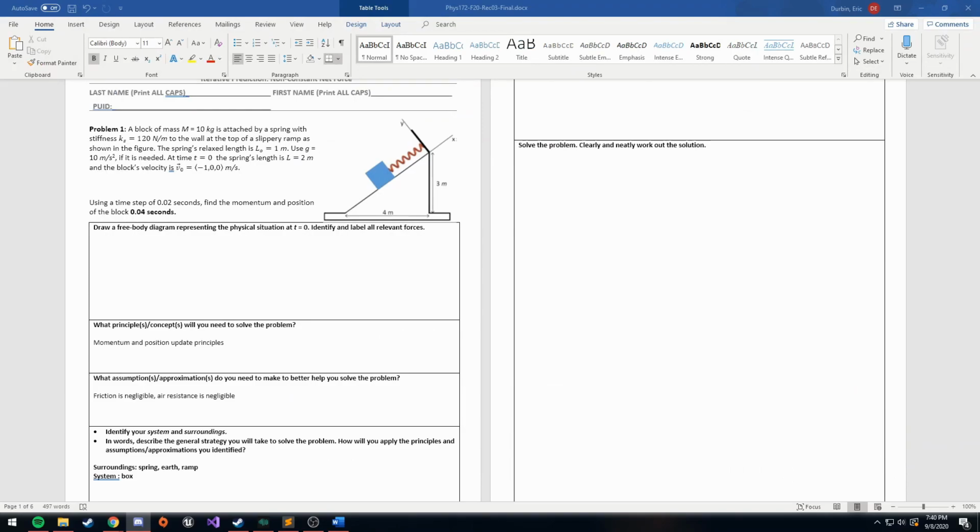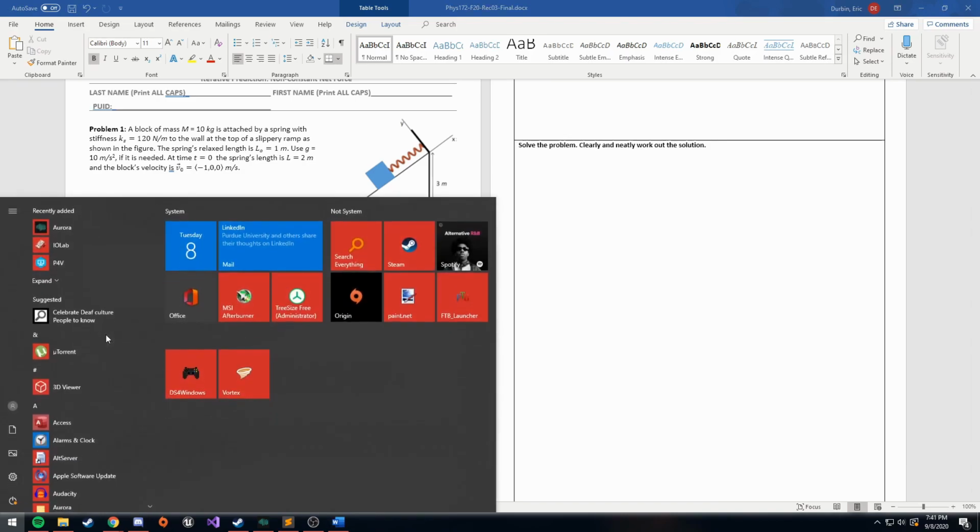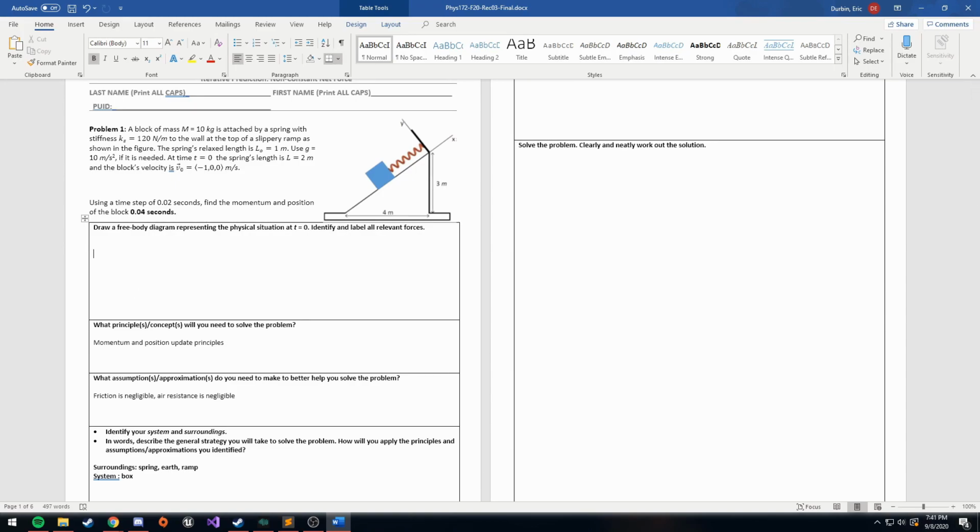Screen 1. All right, cool. That will actually make it easier.